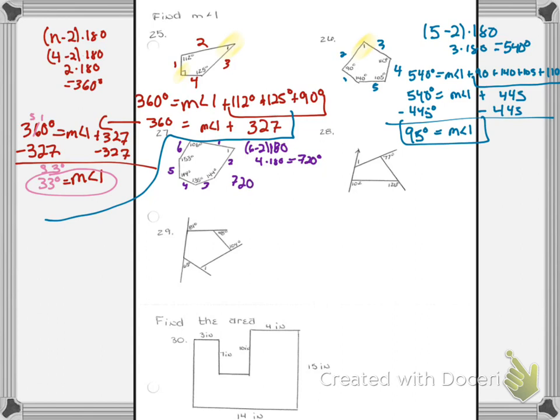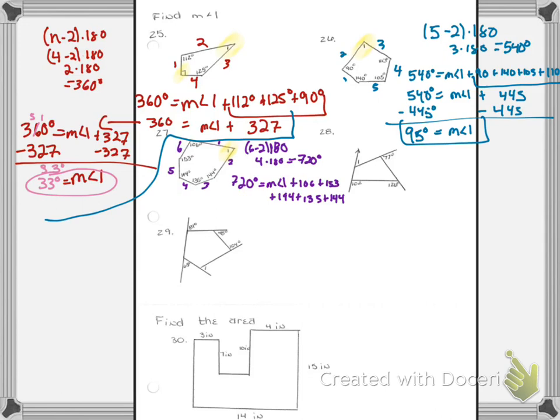So you have 720 degrees equals the measure of angle 1, the one we're looking for right here, plus 106 plus 153 plus 194 plus 135 plus 144.